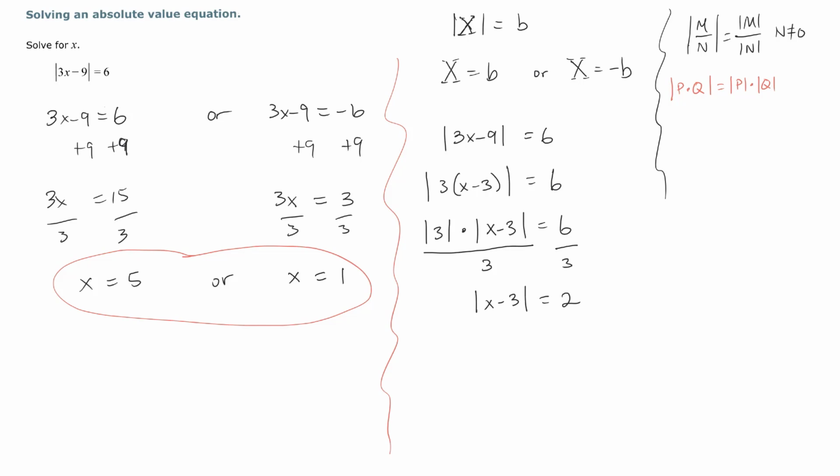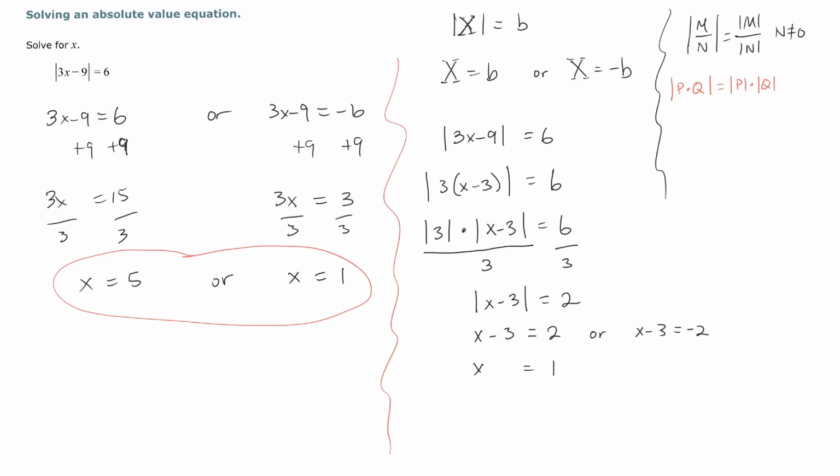And notice this is very different from the solution that was presented here on the left. But let's see what we get now. x minus 3 is equal to 2, or x minus 3 is equal to negative 2.